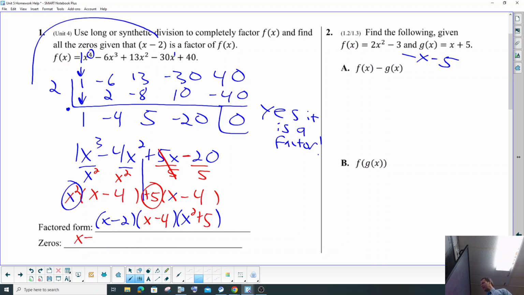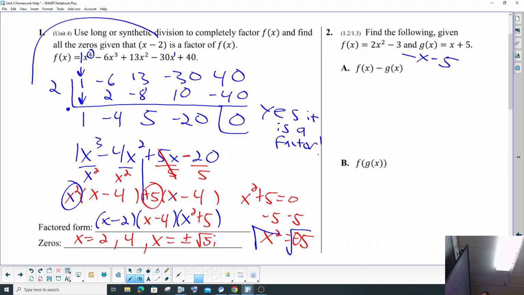Remember the zeros? We get a 2 and a +4. Change the signs. And then we have to take that one and set it equal to 0. Do you remember how to do that? -5 to the other side. So we get x squared equals -5. And then you have to square root both sides. And so we get x equals plus or minus. Oh no, there's a negative in the radical. So that becomes an i, right?